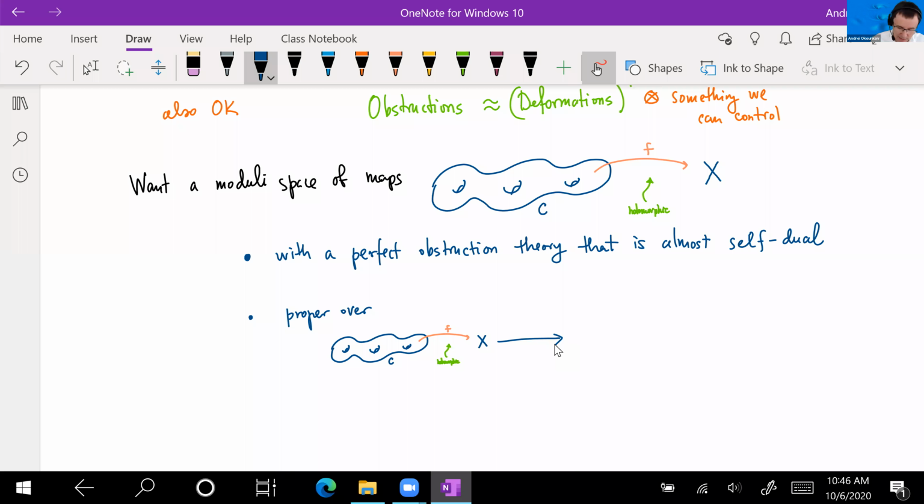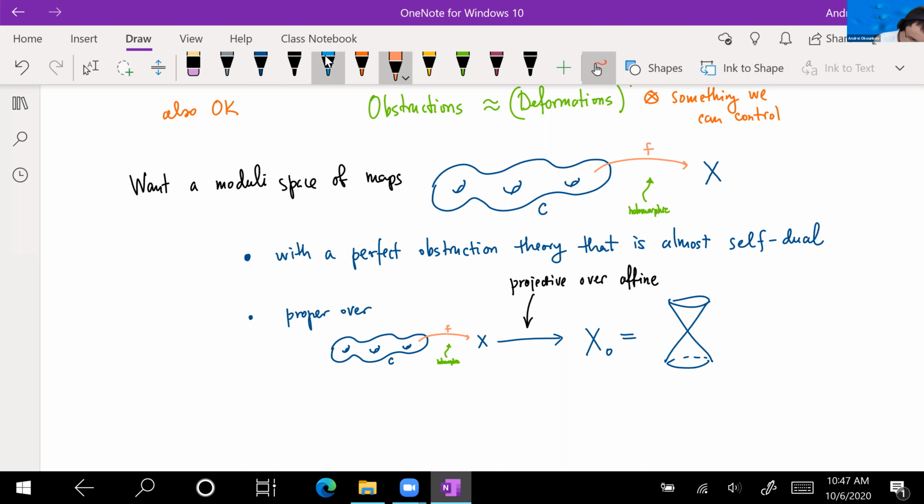X, remind you, by the kind of X we consider, is projective over affine. So there's some affine variety X naught, which is maybe a symplectic resolution or some kind of cone. And so if I take the composed map here, since this is a complete curve and this is an affine variety, it will have to go to a point.